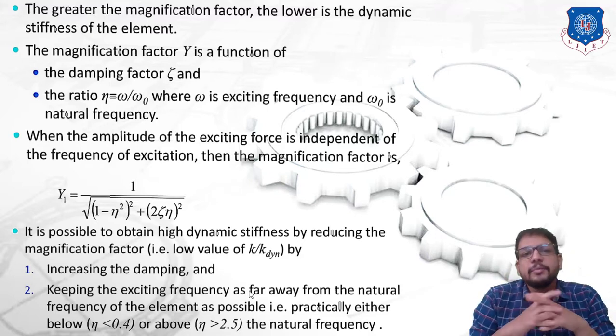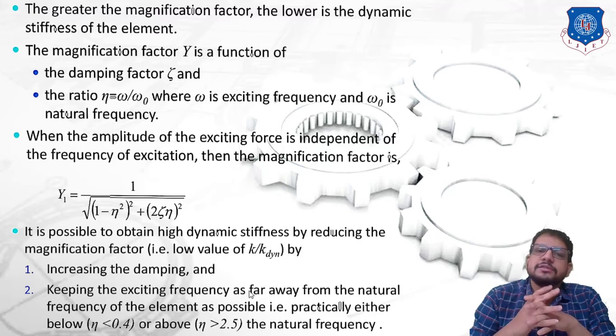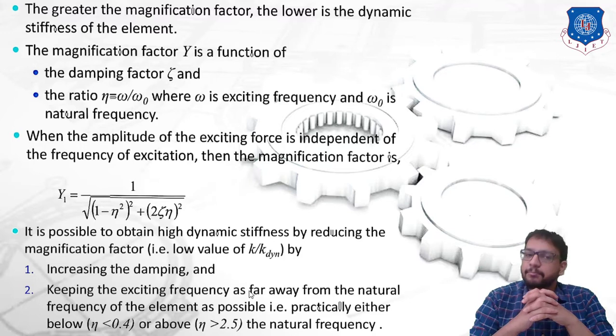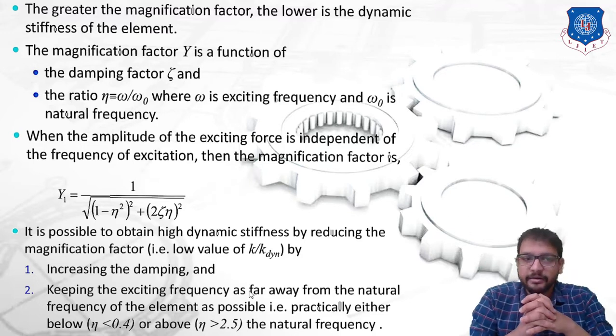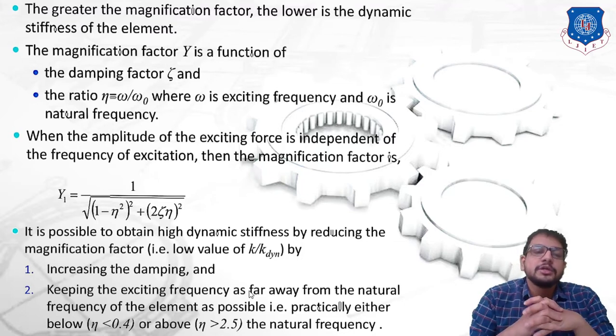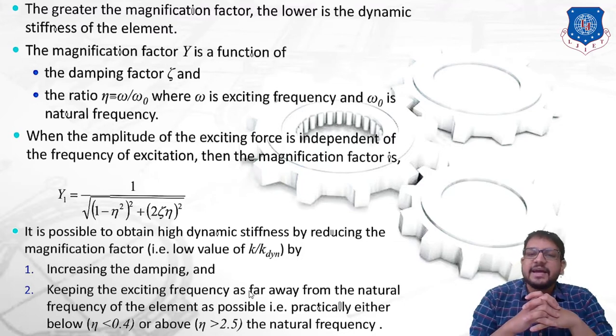Now the magnification factor gamma is a function of two parameters mainly. First is the damping factor, denoted by zeta, and second is the ratio eta, where eta is equal to omega by omega naught. Omega is the exciting frequency, whereas omega naught is the natural frequency.